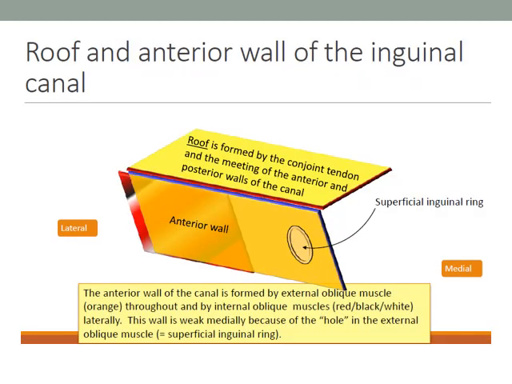The roof of the canal is formed by the conjoined tendon, or better to say, the arching fibers of the internal oblique muscle. The floor is formed by the inguinal ligament. What is the inguinal ligament? The inguinal ligament is the reflected lower part of the external oblique aponeurosis between the pubic tubercle and the corresponding ASIS.